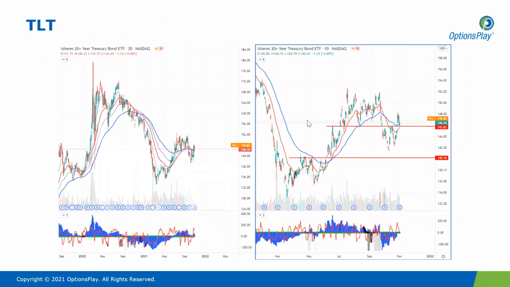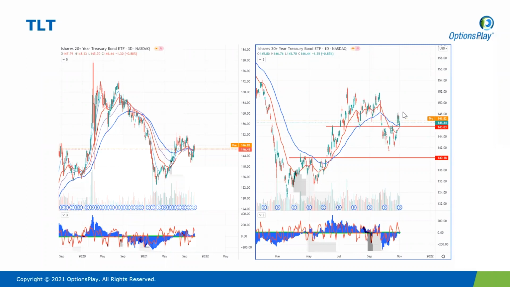So if you look at bonds, which I mentioned earlier, expect a lot more volatility this week because of the Fed meeting. What we did see here was a break below 145 a couple of weeks ago, and a bit of neutral movement, nothing much to really comment on. Then over last week, price did break above that 145 level, came back to retest it, and bounced higher.